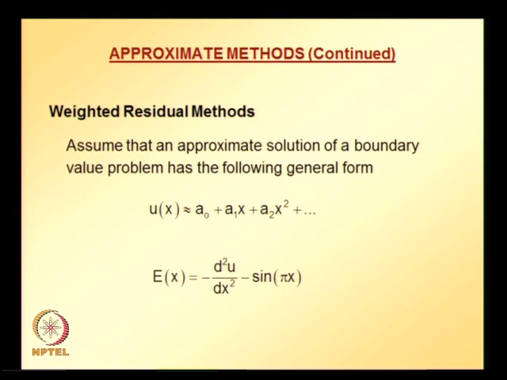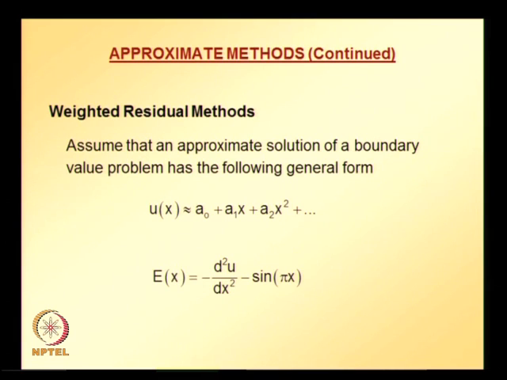Once we have this residual at a point, we can sum up the residual at all points and we can get the total residual. But the problem with doing that is the residual at one point may be positive and the residual at another point may be negative over the domain x going from 0 to 1.